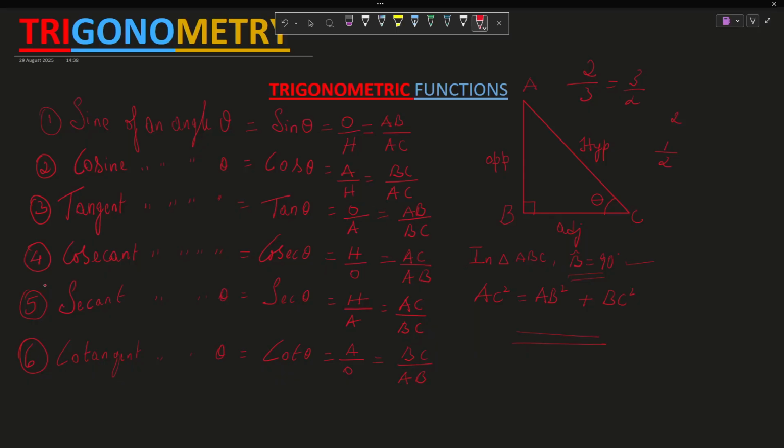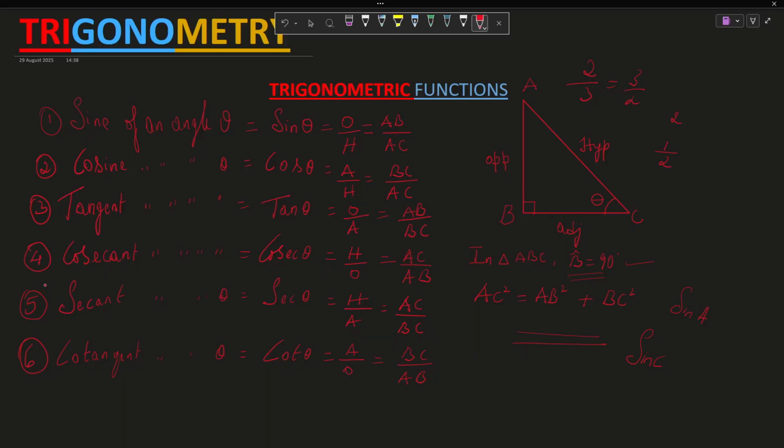So know the functions in order: sine, cos, tan, cosec, sec and cot. And remember, if you just say sine, it doesn't have any meaning. It has to refer to a particular angle. I can say sine C, or for this I can also say sine A. Then only it gets a particular meaning.